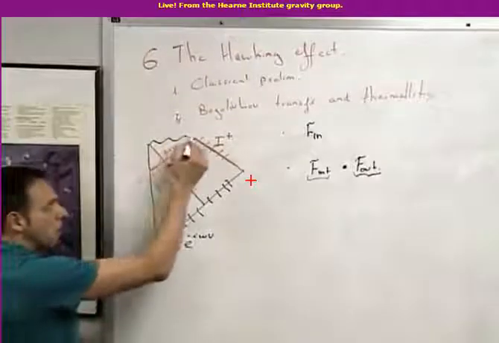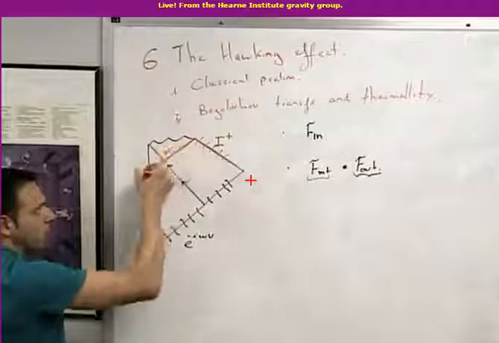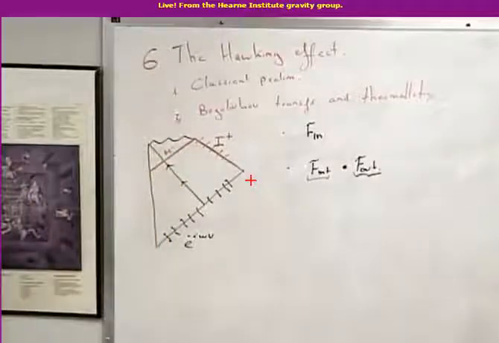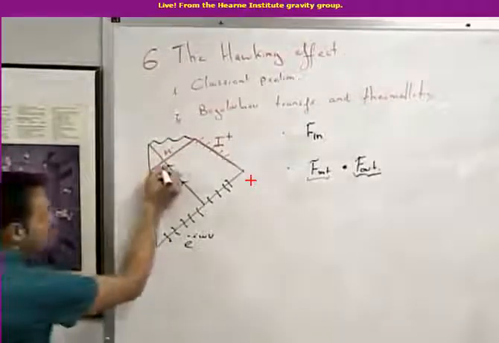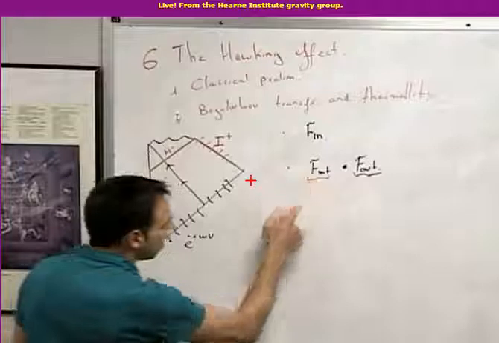Remember, there is no canonical or preferred notion of positive frequency there, because the geometry is changing with time. Here the curvature is flat, and here it's not flat, so there's no timelike Killing vector field in that region helping us to choose that.